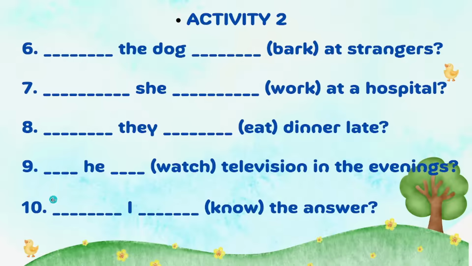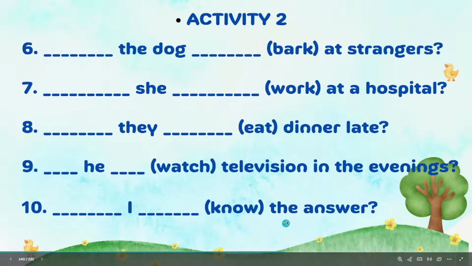And for number 10, okay, here for the I. As I said, I, you, we, and they, you will use the helping verb do. Okay, so how are we going to make it in a question form or an interrogative form? It's going to be, do I know the answer?